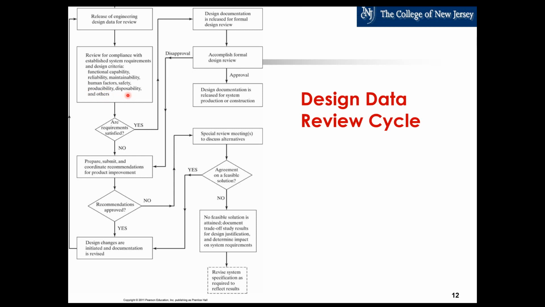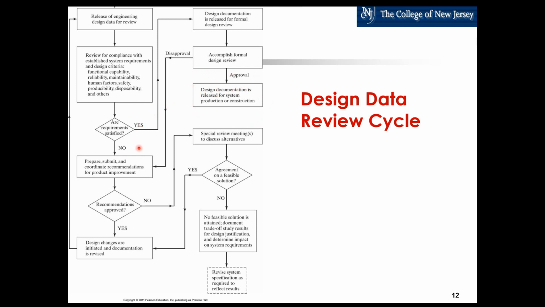Any data has to be checked for compliance against the criteria that it pertains to. So if the requirements are satisfied, and again, you're checking against those requirements, you can release it for more review, and then that becomes part of that manufacturing package.